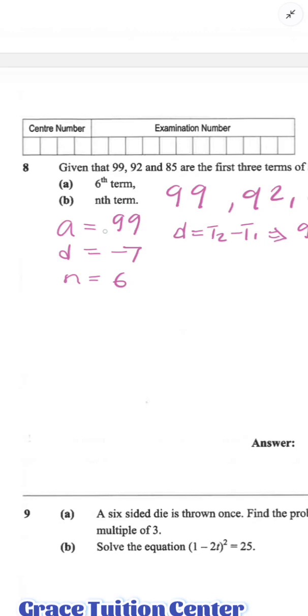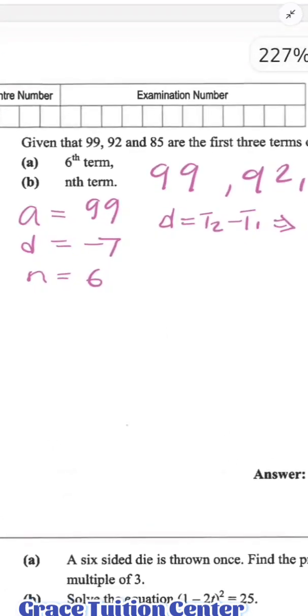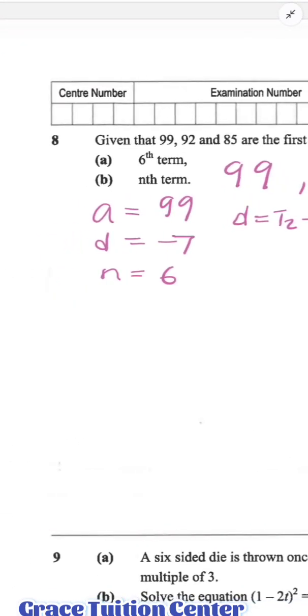So now we know our 3 terms: our first term, our common difference, and our nth term. With these 3, we can now write down our formula. So Tn is equal to a plus, open bracket, n minus 1, close bracket, d.